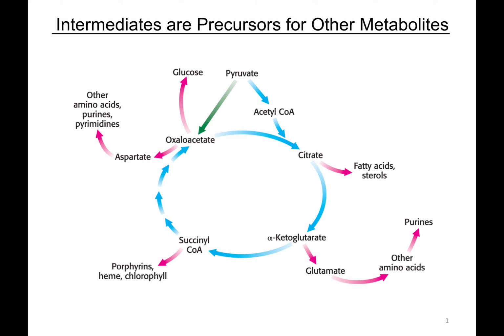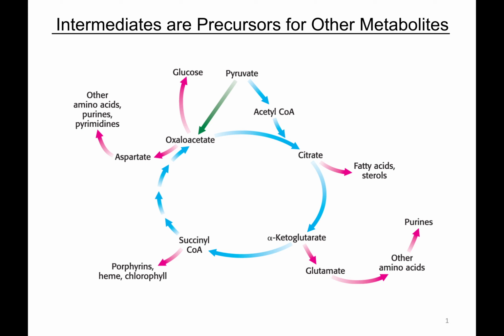Because in the TCA cycle, 2 carbons come in the form of acetyl-CoA and 2 leave in the form of carbon dioxide. But for the cycle itself and thinking about catabolism, that's pretty easy to figure out. A lot of these intermediates are also the starting point for pathways that branch off.